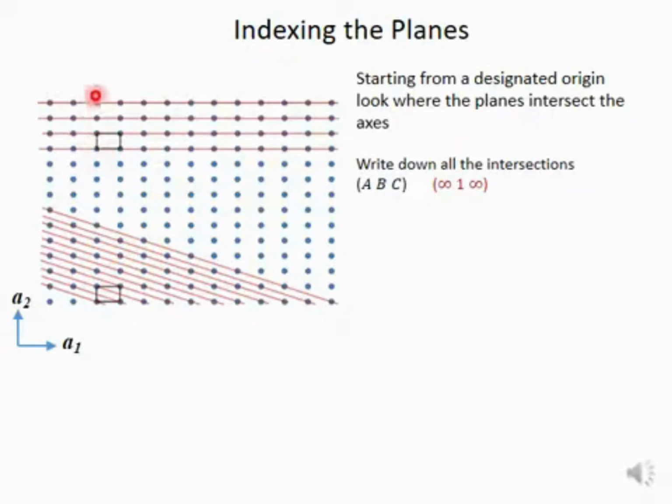Second, move along a2 in this direction, and you can see they intersect along a2 at unit distance 1 of this lattice.